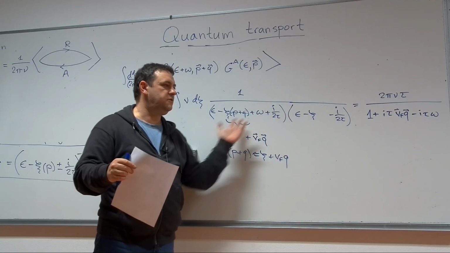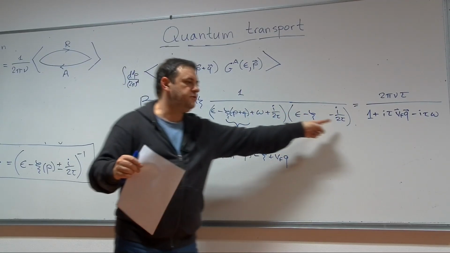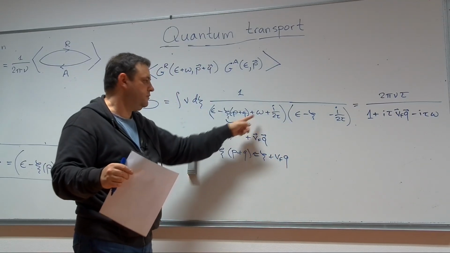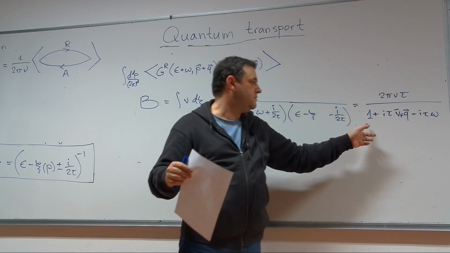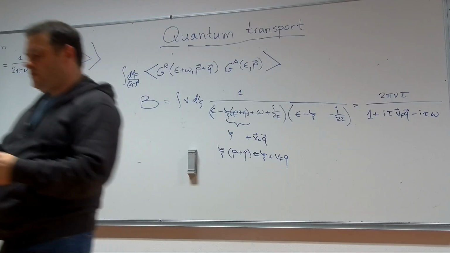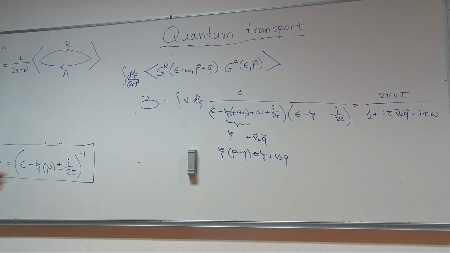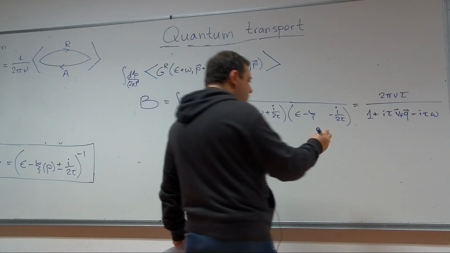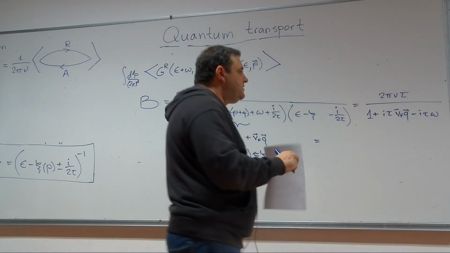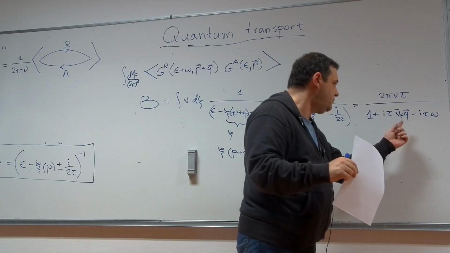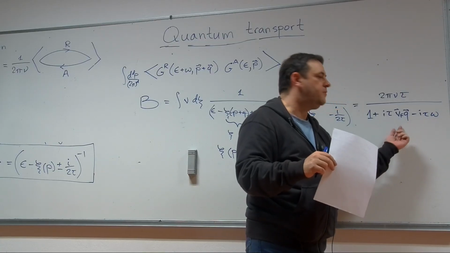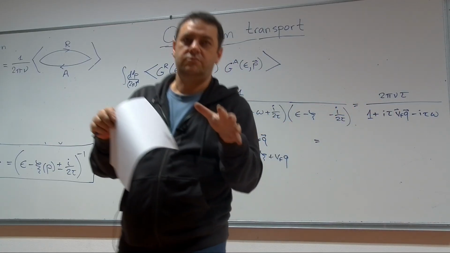It's just the difference of these two things. If you subtract this from that, you have i over tau plus V Fermi Q plus omega. The i over tau goes to the numerator, and then this is what you have in the denominator. And for this object, we will assume that tau V Fermi Q and tau omega are both much smaller than 1.